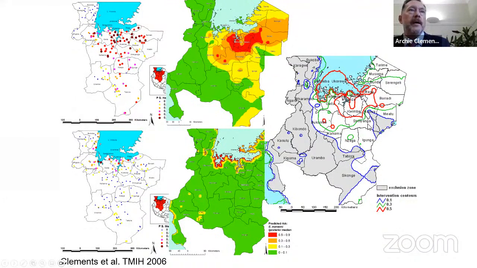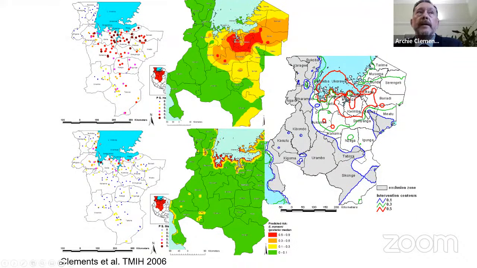So these two infections, Schistosoma hematobium and Schistosoma mansoni, are both treated by the same drug, praziquantel. And the WHO recommends that where prevalence of either of these parasites is above 50%, you do annual mass drug administration of the entire community. And so I translated these two maps into a contour map showing areas where prevalence of either of these infections is above 50%.